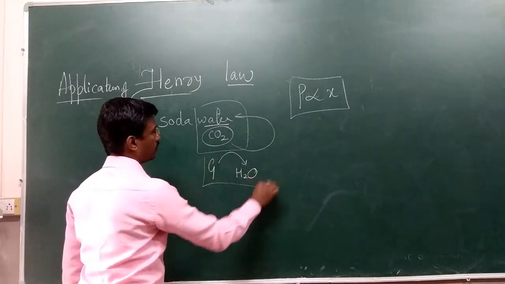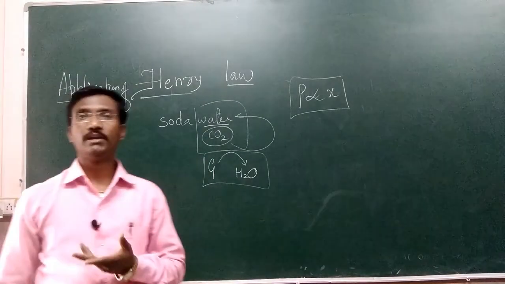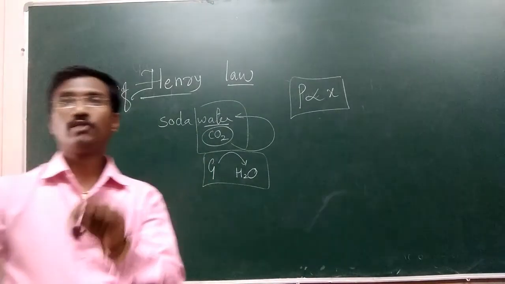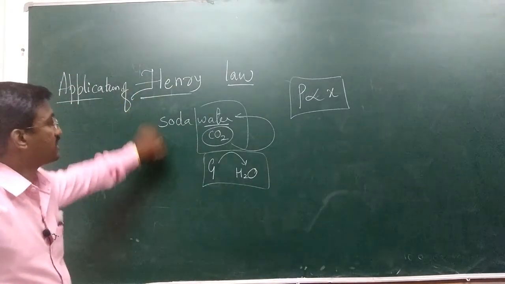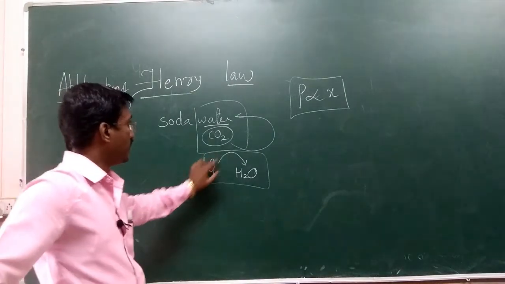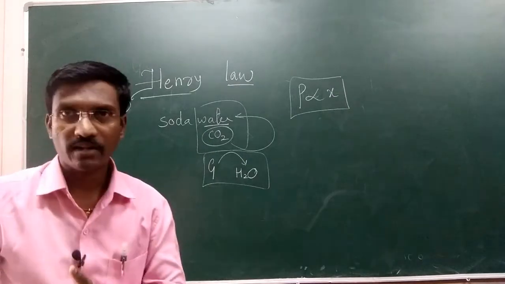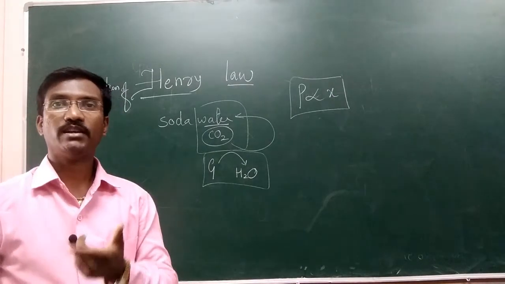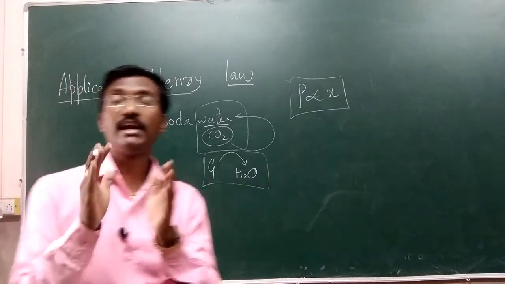So this is the process to prepare soda water. In the preparation of soda water, the application is toward enriched water. How? Because as we apply pressure on the gas, it is going to dissolve in the water, so that we can get soda water easily. Means to create soda water, they dissolve the carbon dioxide at high pressure.